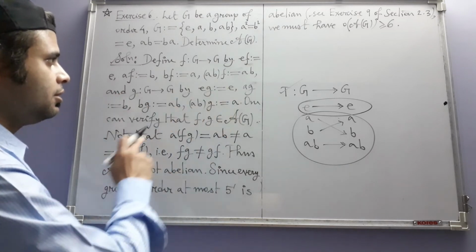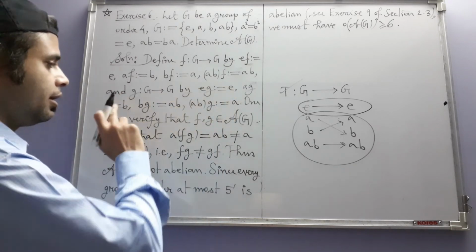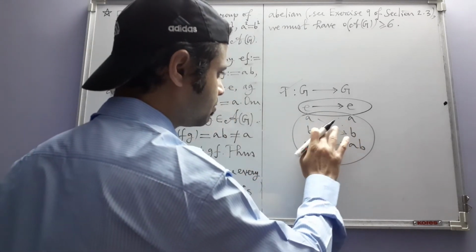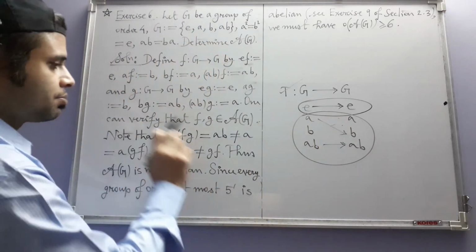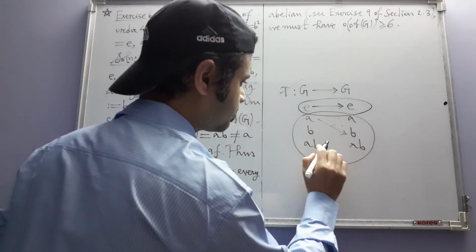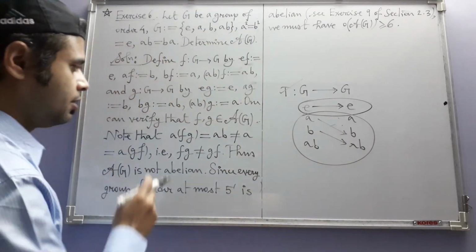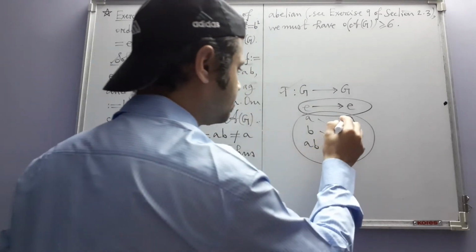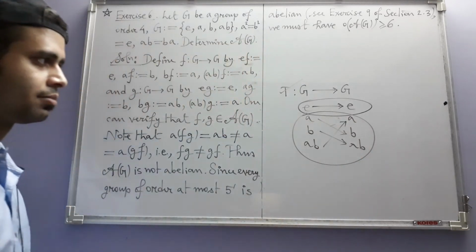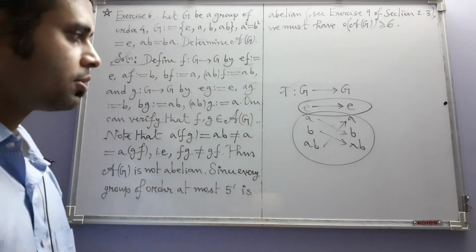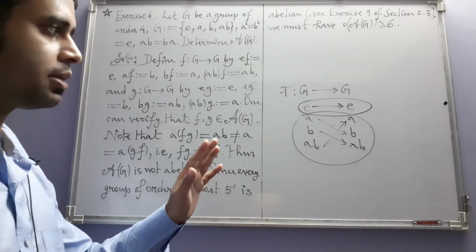Whereas if your T is G, then A gets mapped to B, B gets mapped to AB, and AB gets mapped to A. So how many different possibilities can there be?